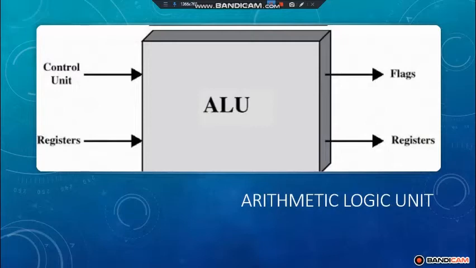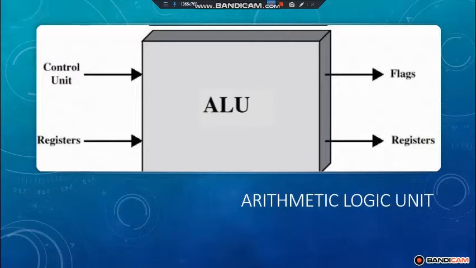The inputs to an ALU are the data to be operated on, called operands, and a code indicating the operation to be performed. The ALU output is the result of the performed operation.